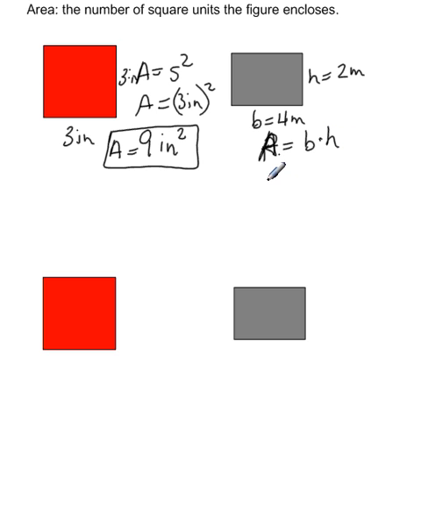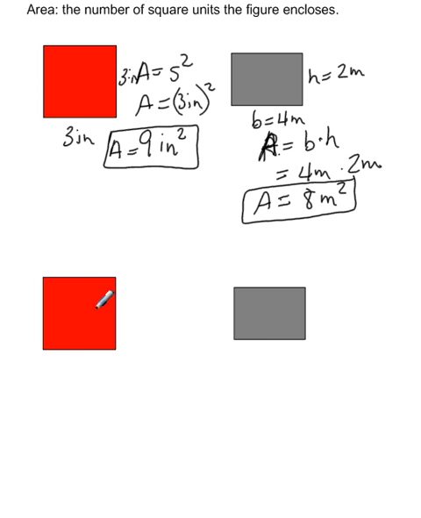So if we fill this in, we get 4 meters times 2 meters, which means the area is equal to 8, and meters times meters is meters squared. So notice every time we have area, we have square meters, square inches.